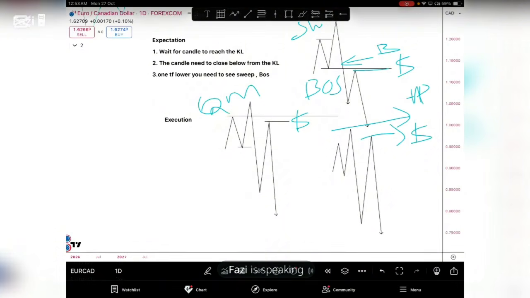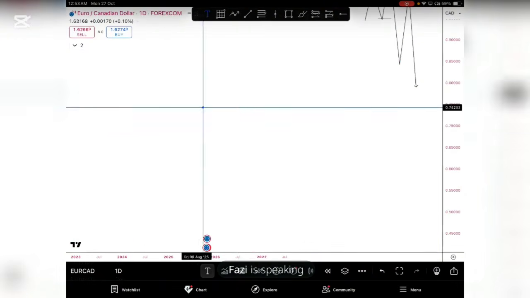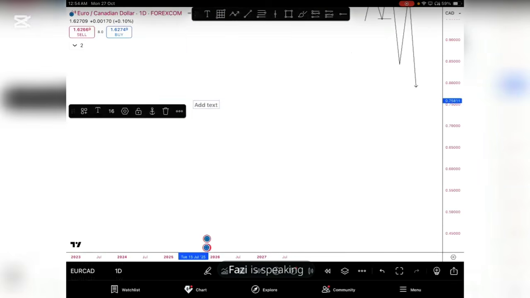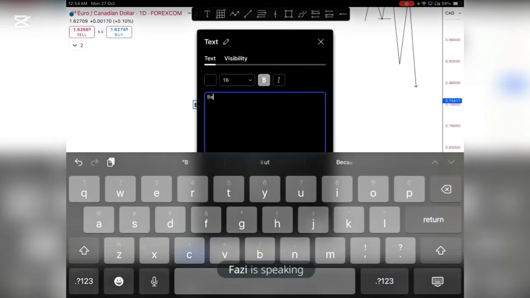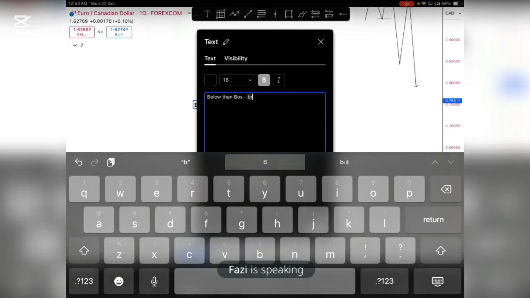So here let me give you a table. If it is below the breakout structure, we will look for entries on a breaker.